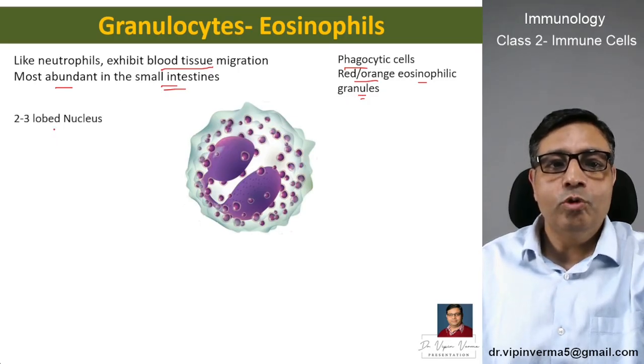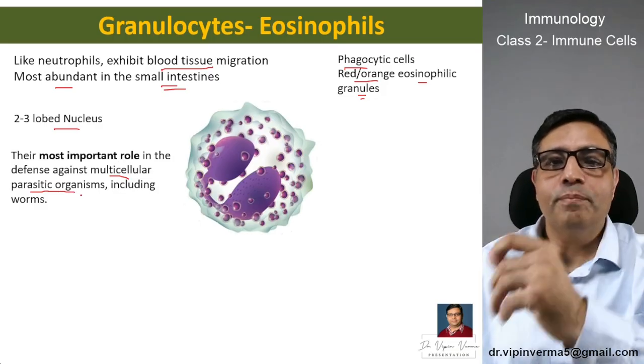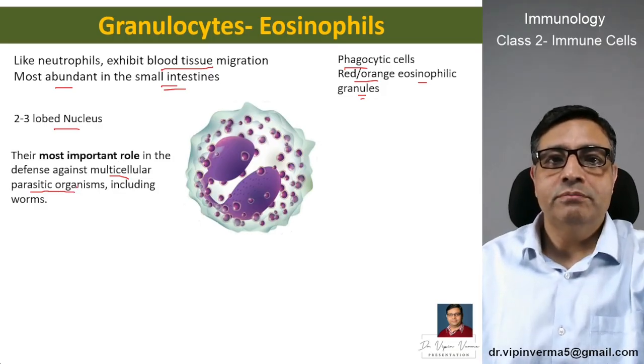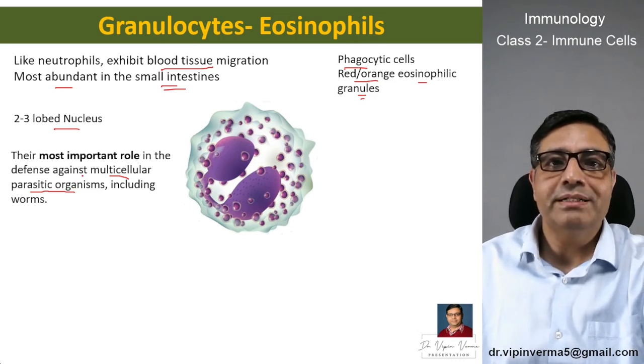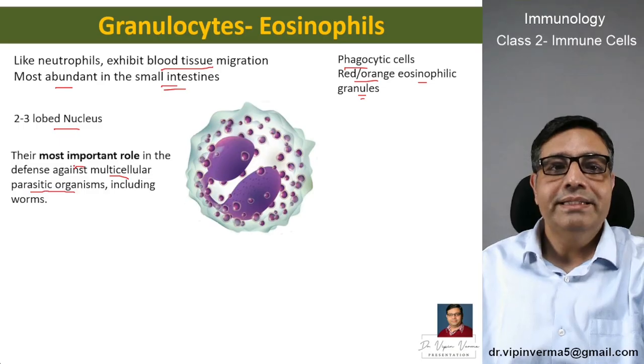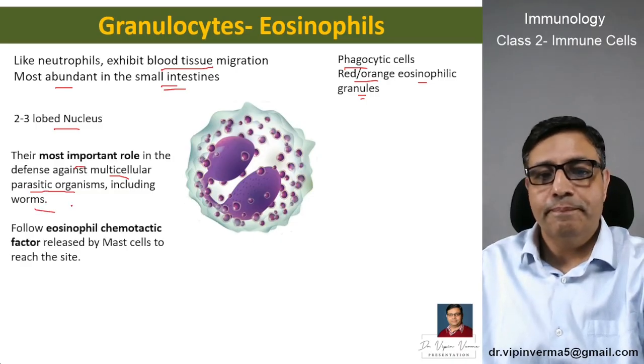There is a 2 to 3 lobed nucleus, and their most important role is in the defense against multicellular parasitic organisms. All the complex parasites which come inside our body, either through infection or through some other reasons, these eosinophils take part in the battle with these parasites, including worms.